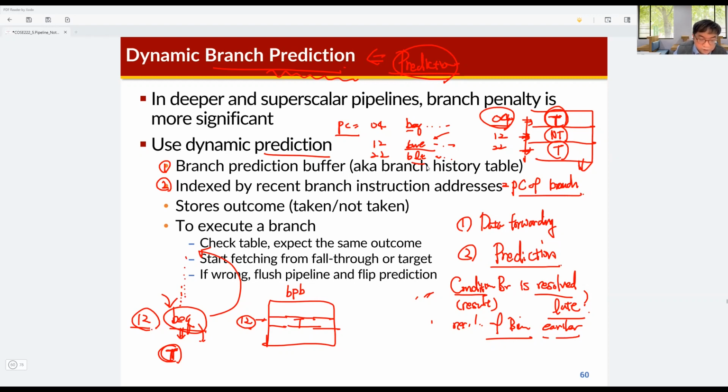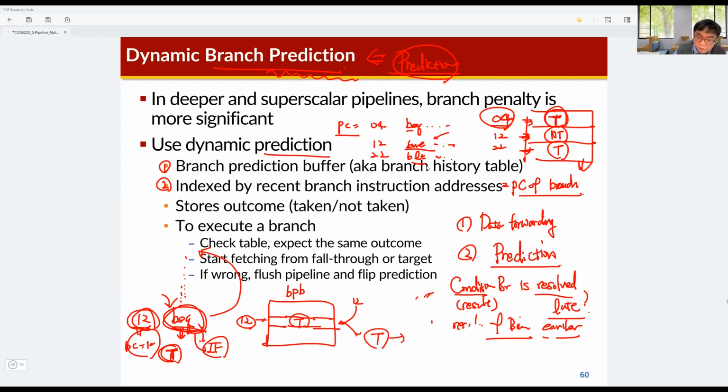Then this branch instruction is fetched from the instruction memory with the PC 12. Then we can access this branch prediction buffer with the PC of the branch, 12. Then we can know that the previous event for this branch instruction is true.